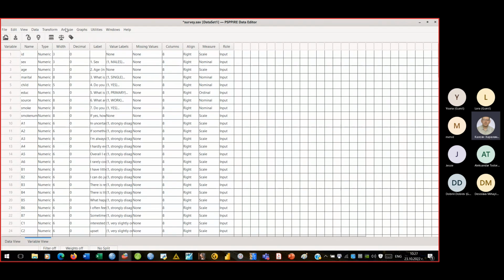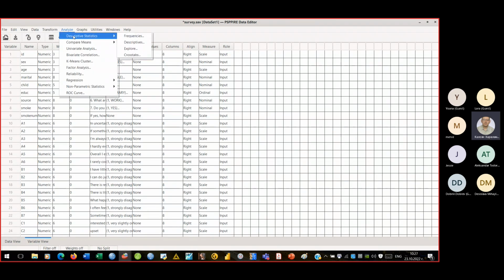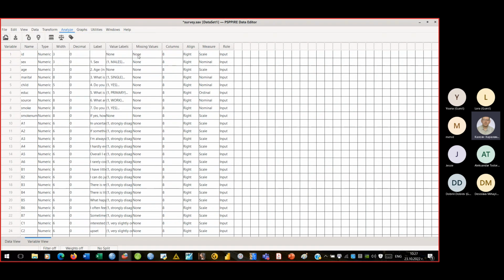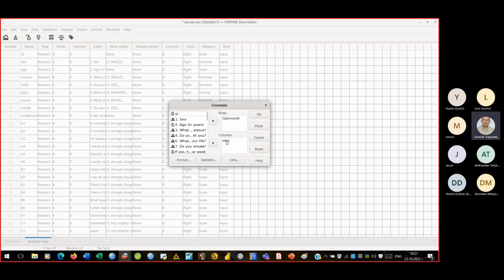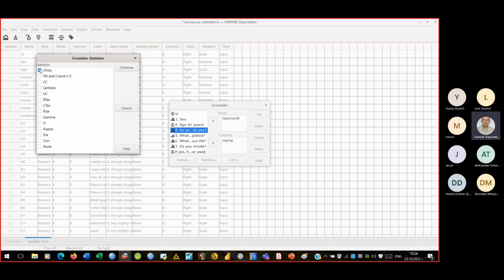So I will repeat again, analyze, descriptive statistics, crosstabs. We will move education to the left, and again we will move marital status to the right. And here in statistics, I will choose phi and Cramer's V. We need only Cramer's V, but these two coefficients are together, and I will check here.